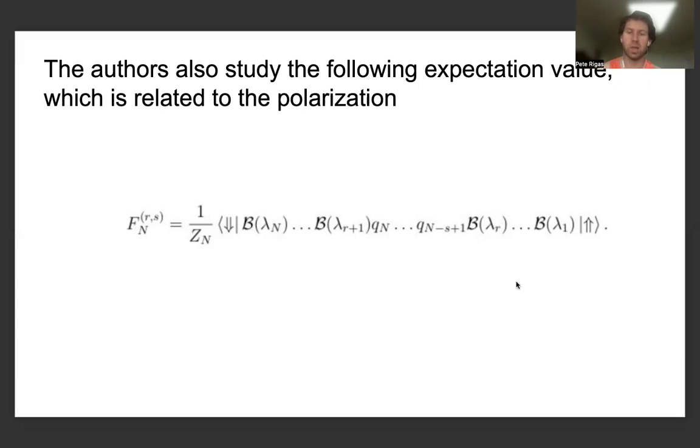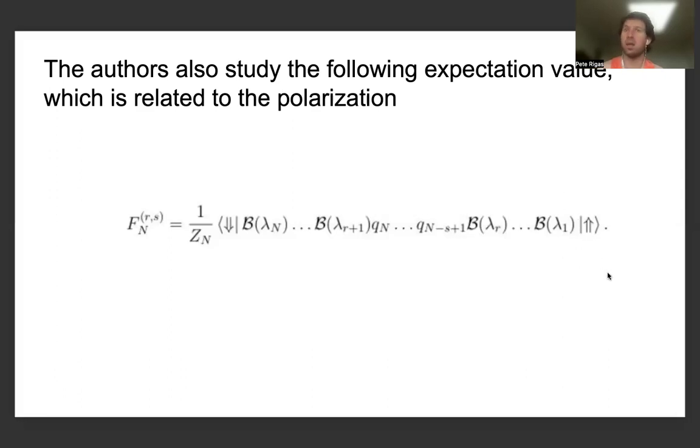There's also another type of expectation value, which they can normalize by the partition function of the six-vertex model under reflecting boundary conditions Z sub n, where n is the length of the finite volume in one direction of the square lattice. And you can look at the bra of a down state multiplied by a whole bunch of entries of the operators from the transfer matrix, as well as another term which is given by the ket of the upstate.